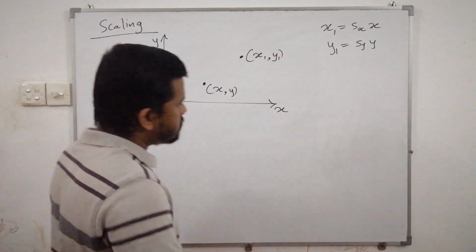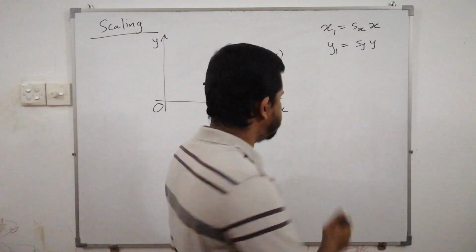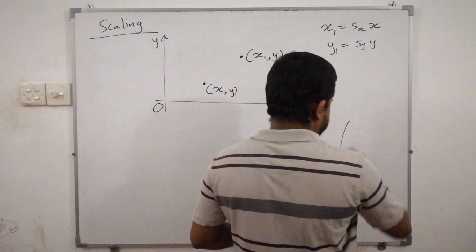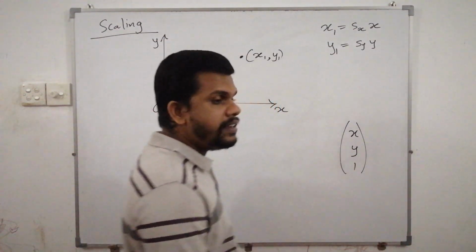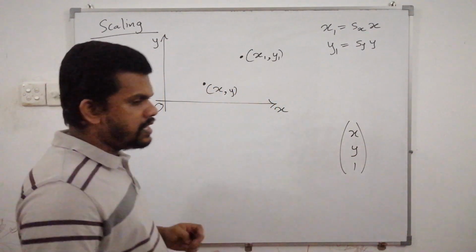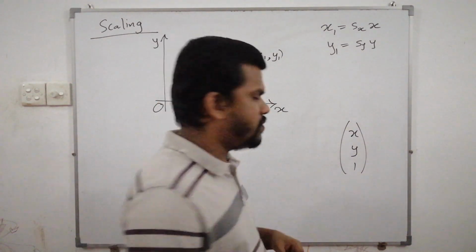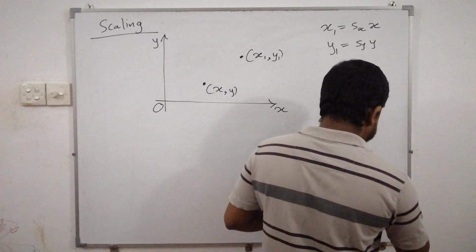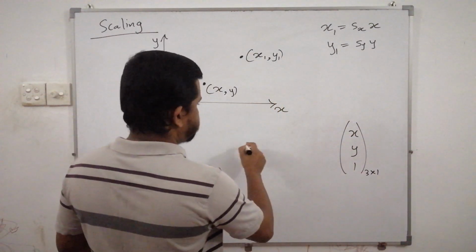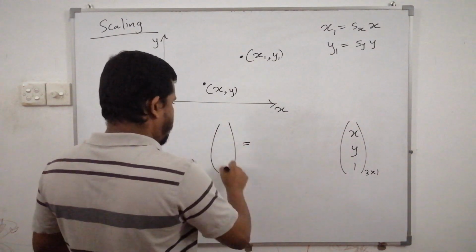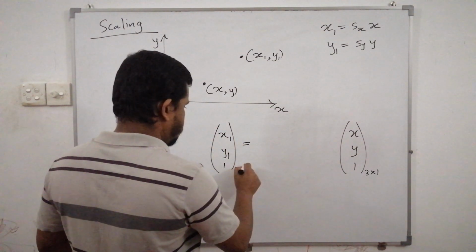Now, as usual, we have to derive the scaling matrix. So here we have x, y, 1. In order to maintain the consistency, here also we represent a point using a 3 cross 1 matrix. And now we have to get x1, y1, 1, 3 cross 1.